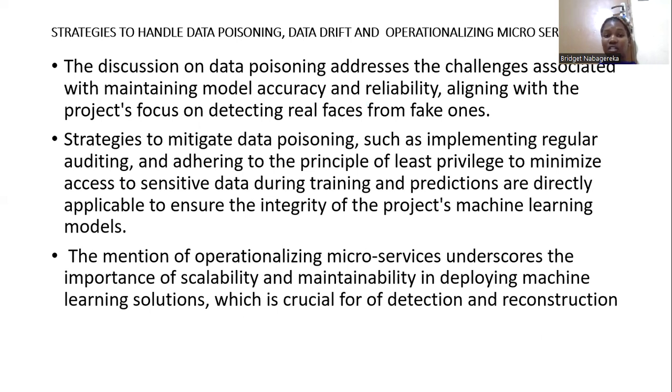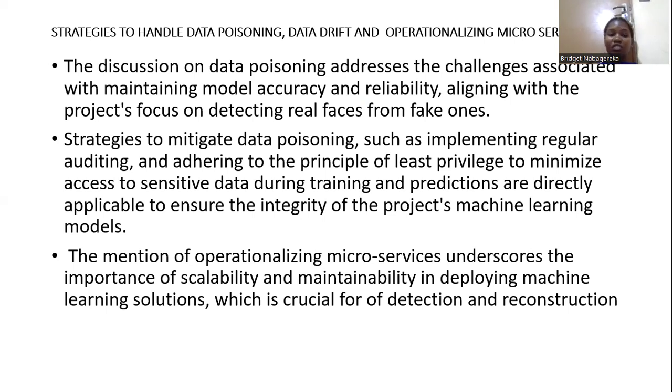That's where strategies to handle data poisoning, data drifting, and operationalizing microservices come in. So the discussion on data poisoning basically addresses the challenges associated with maintaining the model's accuracy and reliability, aligning with the project's focus on detecting real faces from fake. So accuracy: is the detected face really detected, or is the fake instead assumed as the real face? Reliability: can people rely on it?